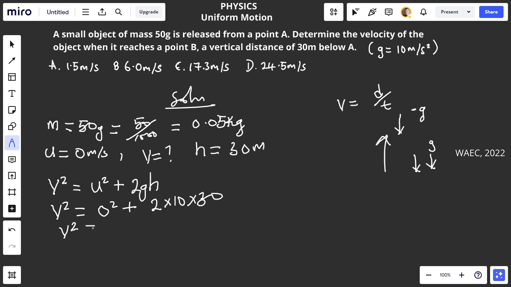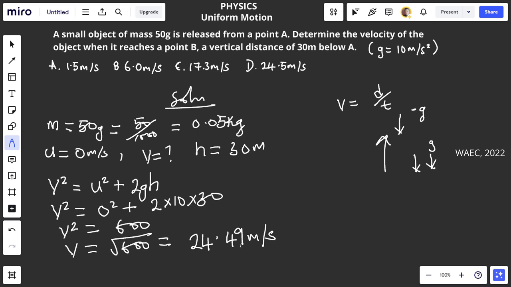So you have v squared equals 2 times 10 times 30, that is 600. So v will now be square root of 600. And if you plug in square root of 600 in your calculator, you will have 24.49 meter per second.